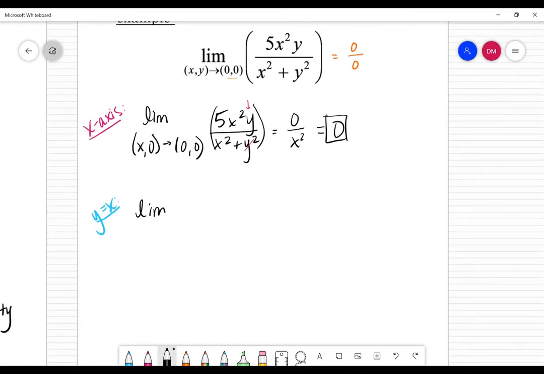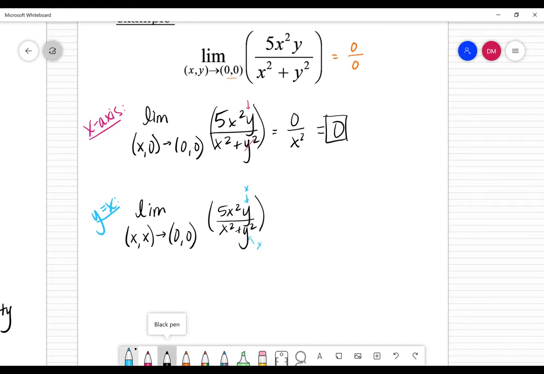So we test the limit as x comma x, if they're both the same value, approaches 0, 0. Okay, so now what I'm getting is that this y will go to x, this y will also go to x.